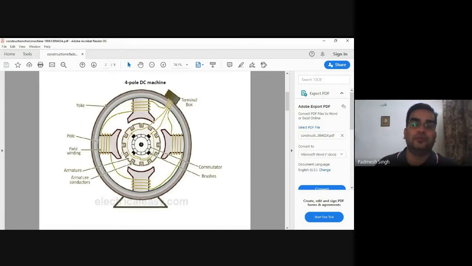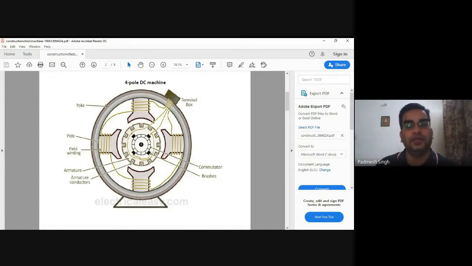Air gap is provided so that the rotor can rotate in the pole, and the air gap is kept as narrow as possible to minimize the reluctance, because air has a higher reluctance in comparison to this iron portion or the ferromagnetic materials of these machines. So after this pole there is an air gap.